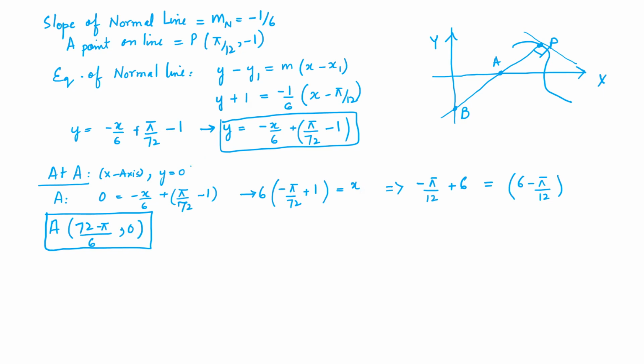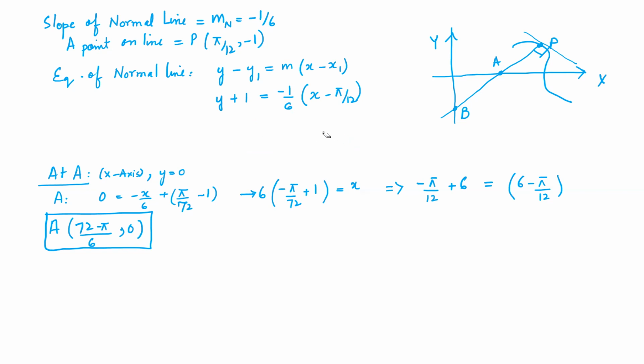So for y is equal to 0, the equation of tangent, I will use it as such. I will not simplify it. I will use this as the equation of tangent. It will be easier to handle this.